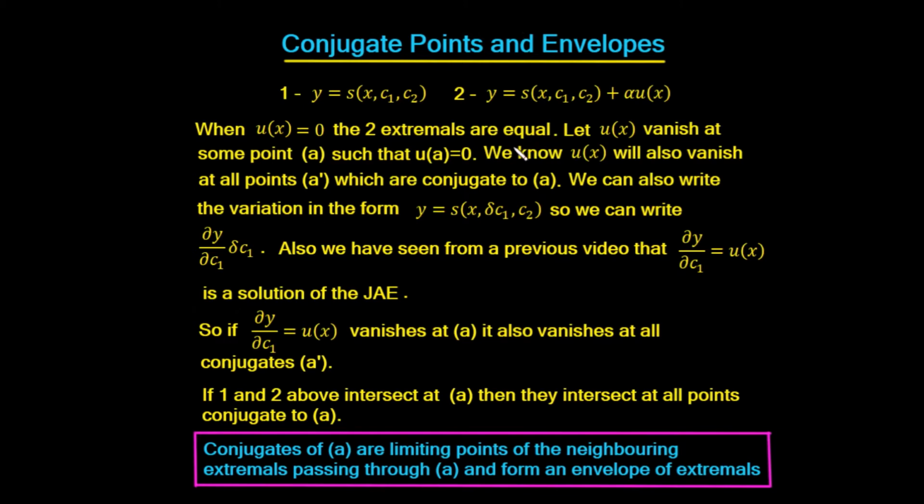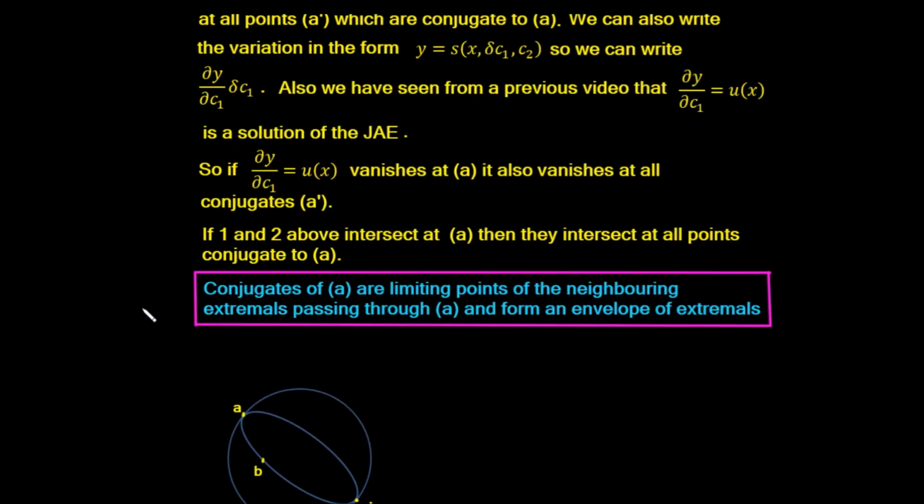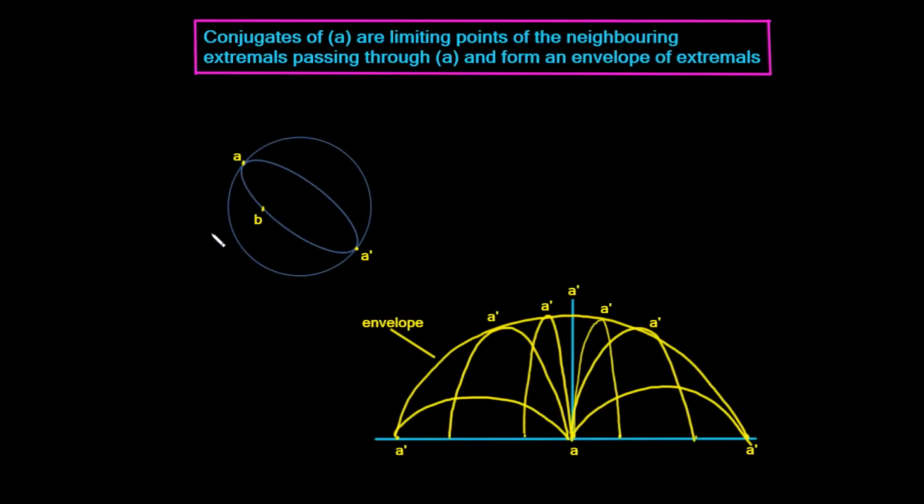Now we know that u of x is going to vanish at some point a, so we can say u of a equals 0. But we also know that u of x will vanish at all the points conjugate to a, so that's the a dash. And we've seen that previously, so in the case of the sphere, we have the value of a and a dash, so u of x would be 0 at a and also at a dash.